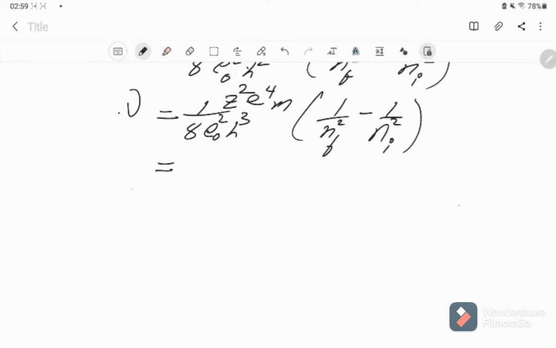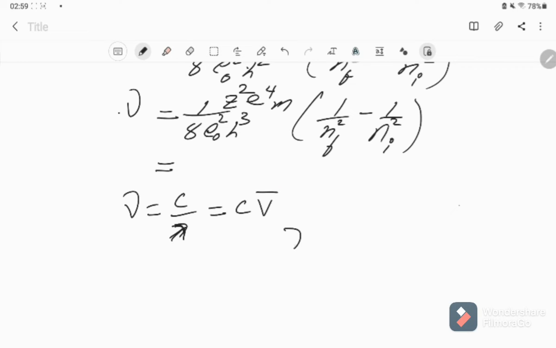Here we can write mu equal to c by lambda, which we studied in class 11 in the waves chapter. This can also be written as c into wave number, mu bar. This is not an arrow, it is just a bar.